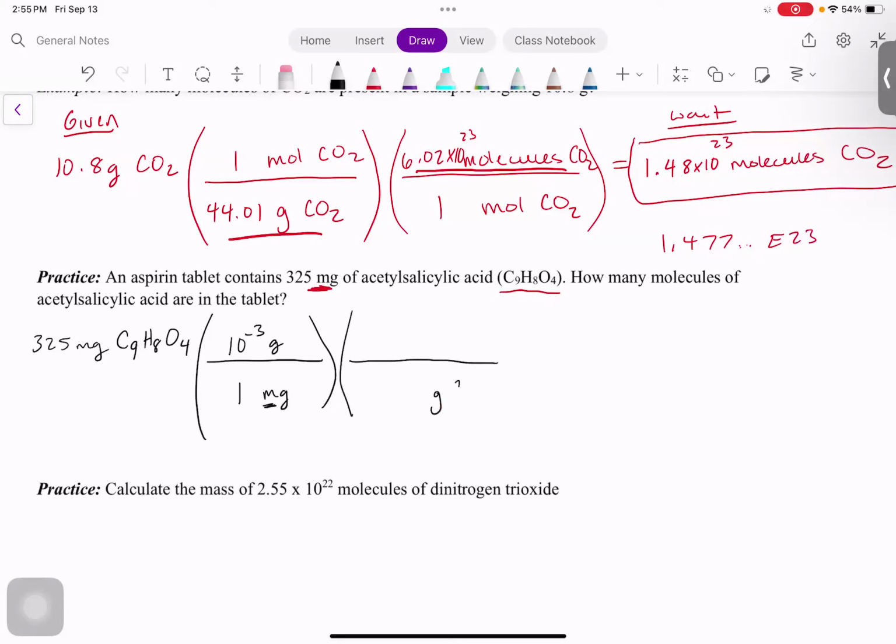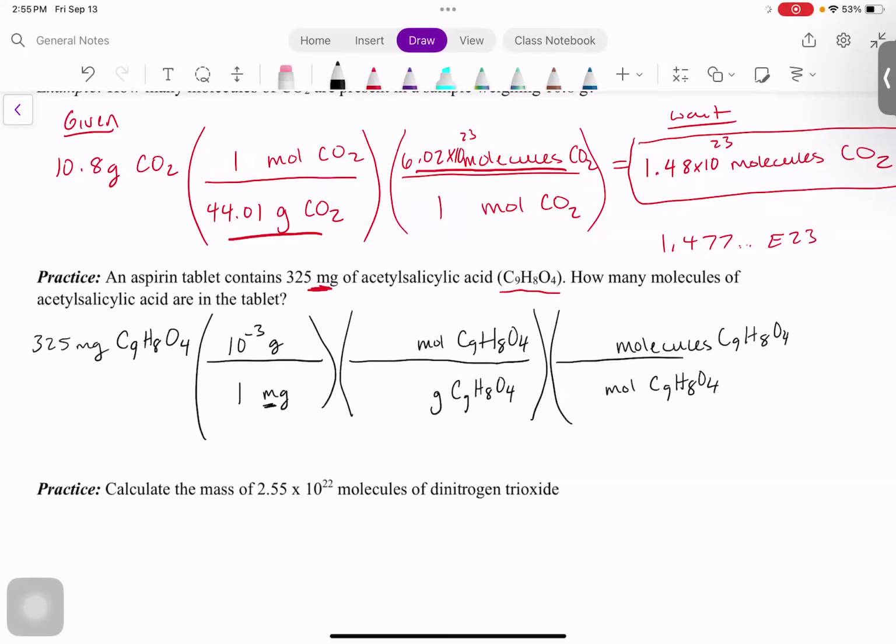So grams of C9H8O4 to moles of C9H8O4. And then we can convert from moles of C9H8O4 to molecules. So it takes a little bit to write out all of our work, but keeping nice organized work like this will help you to get the correct answer.